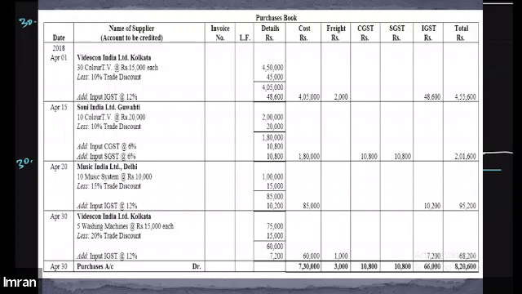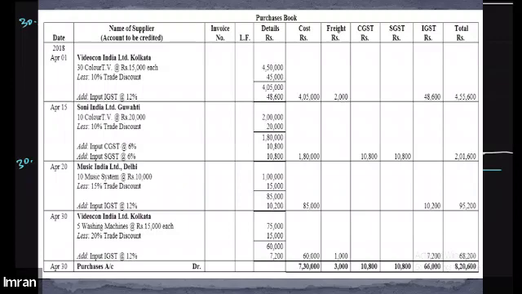This can also be used to present your answer. Are you understanding this presentation or not? Is everybody able to understand this presentation? Yes or no? How different this presentation is compared with the presentation that we did for the question. In this particular format, every element of the cost has been shown under a different column.